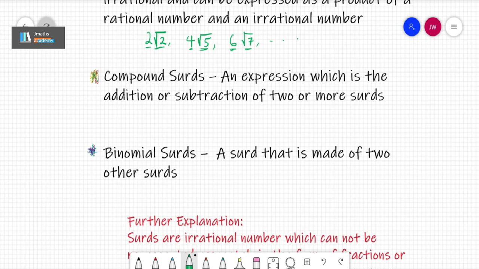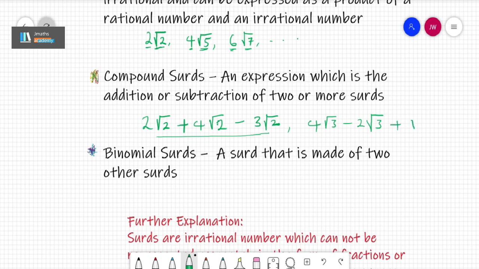For example, 2 root 2 plus 4 root 2 minus 3 root 2 is known as a compound surd. If you have 4 root 3 minus 2 root 3 plus root 3, this is also known as what?